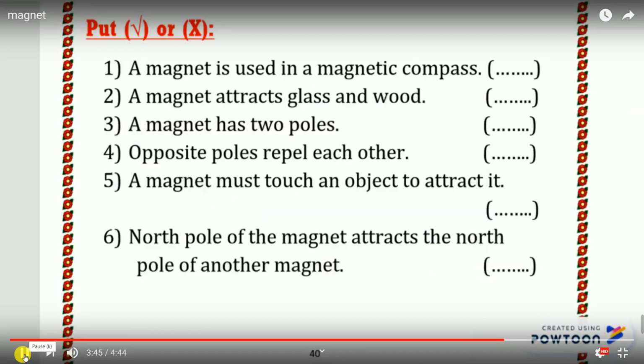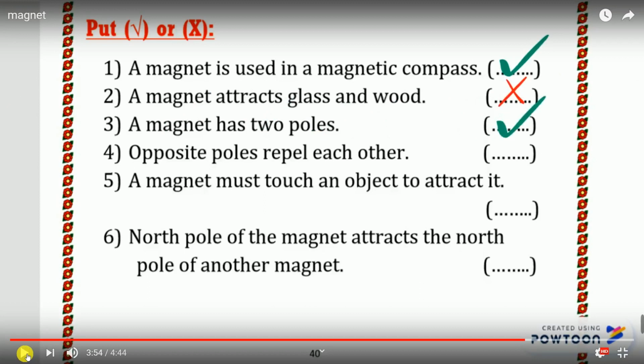Okay? True and false. Number 1. A magnet is used in a magnetic compass. True. Number 2. A magnet attracts glass and wood. No, it's wrong. They are non-magnetic materials. 3. A magnet has two poles. True. S and N. 4. Opposite poles repel each other.